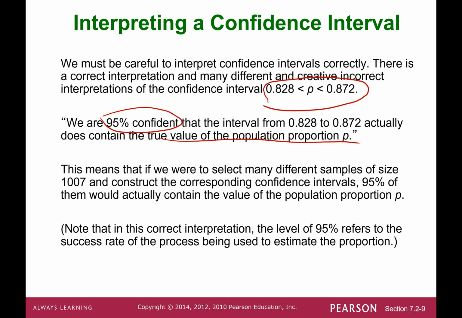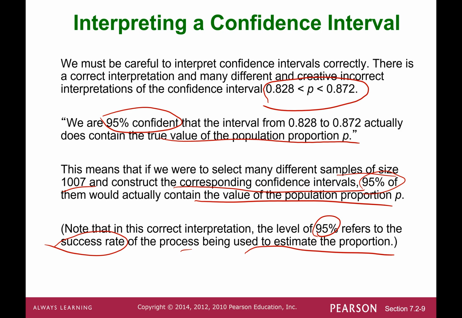Another way of saying this is: if you pick samples of size 1,007 and construct the corresponding confidence intervals, 95% of them will actually contain the true value of the population proportion p. So this 95% also refers to the success rate of the process being used to estimate the proportion. The higher the rate, the better it is.